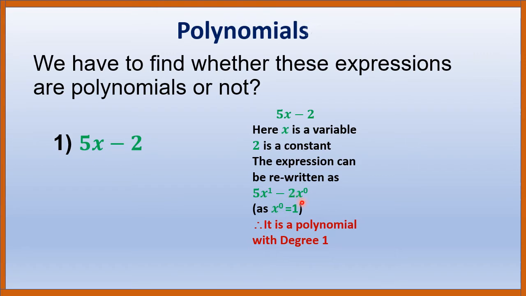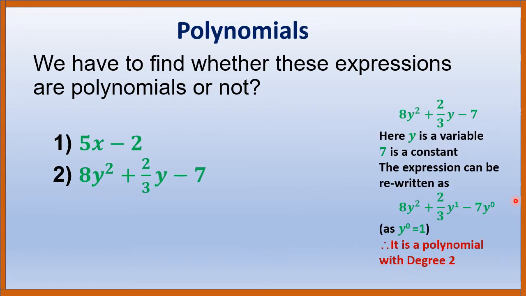Here x is the variable and its power is 0. You know that x raised to 0 is equal to 1. For any constant, the power of the variable is always 0. So, in this example, the powers of variables are whole numbers. So, we can say that this expression is a polynomial.